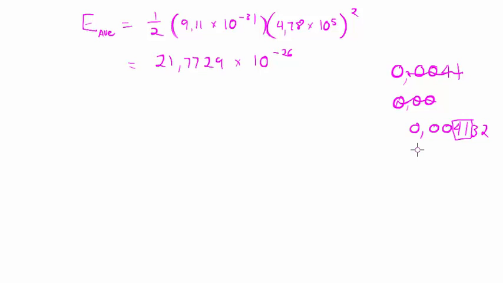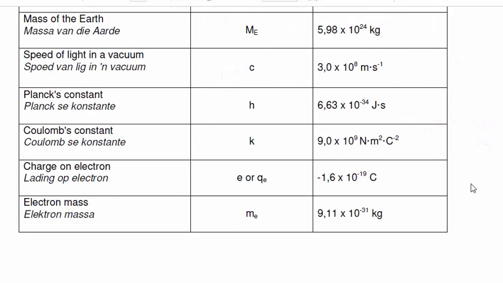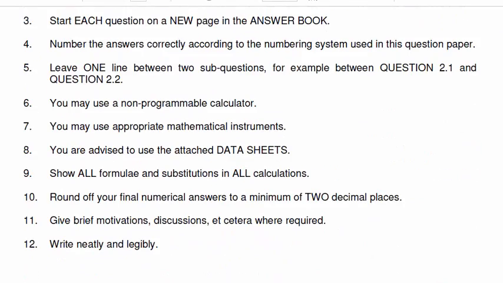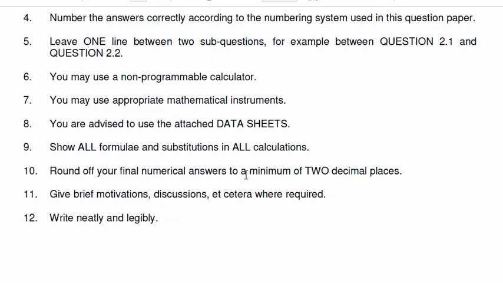Because at the beginning of the exam, they tell us to round off to 2 decimal places. Yes, but that's in your final answer. You'll see that's what they say: round off your final numerical answer to 2 decimal places.